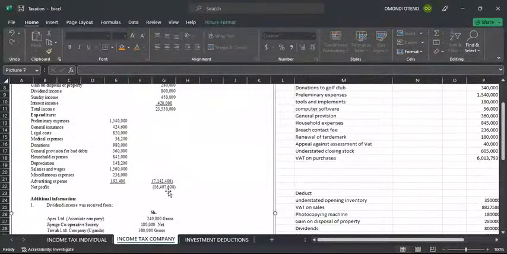Is it a negative or a positive? This 16,407. Is it a positive or a negative value? This 16.